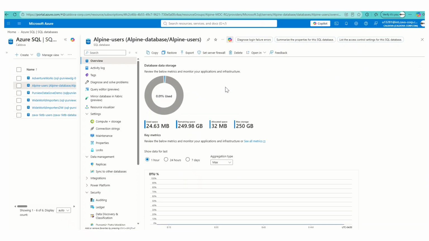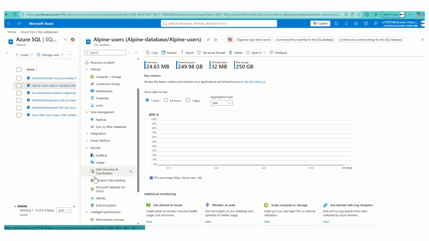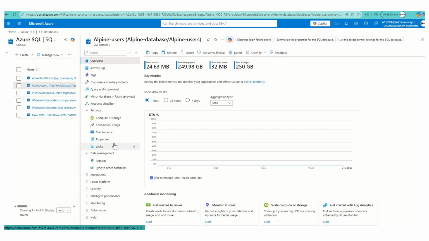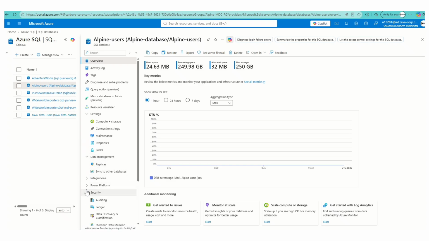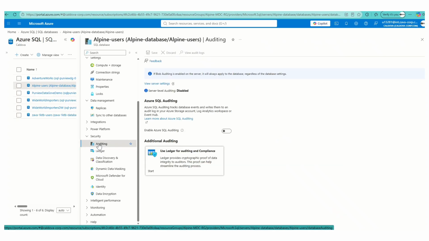We've been here before, but if we scroll down on this side over here, we are going into security. Normally when you come for the first time, these things are collapsed and you need to expand them. So if we go to security, what we are interested in is auditing. I want to see what's on and what's not.